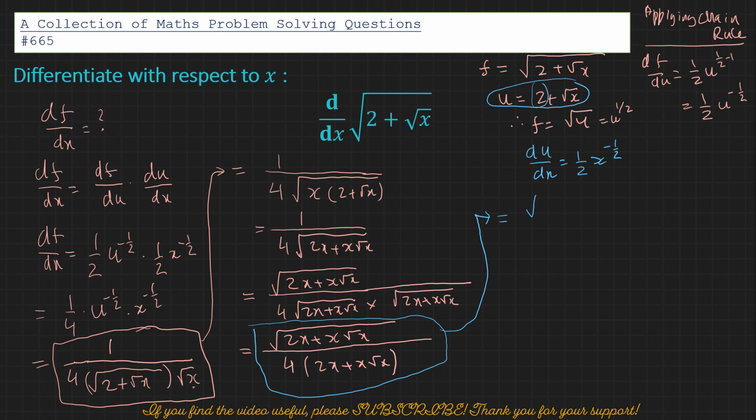I write 2x plus x root x, with the 4 remaining where it is in the denominator, so 2x minus x root x, divided by 4 times 2x plus x root x times 2x minus x root x.